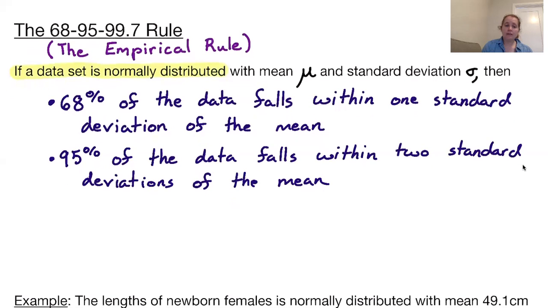And 99.7% of the data falls within three standard deviations of the mean.